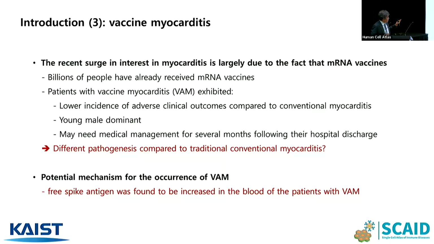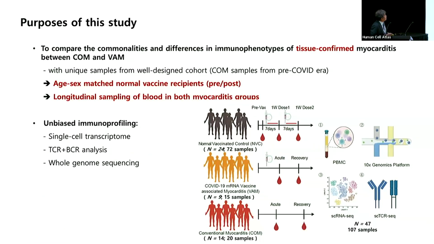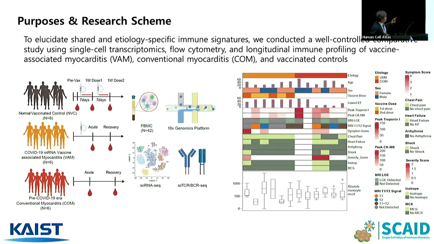And there is some issue that pre-spike antigenemia is found. The antigen is increased in blood when the patient developed the vaccine myocarditis. So this is the study design. They selected pre-COVID conventional myocarditis patients and vaccine myocarditis patients, 6 and 6.